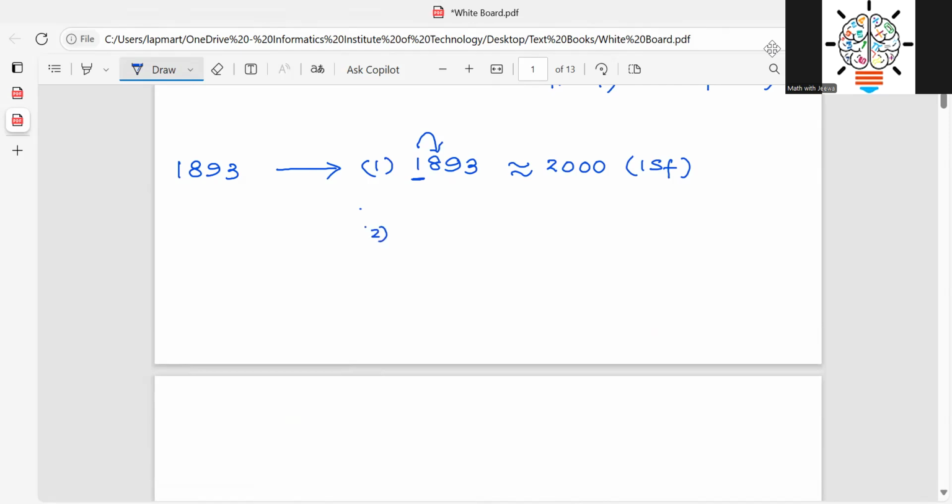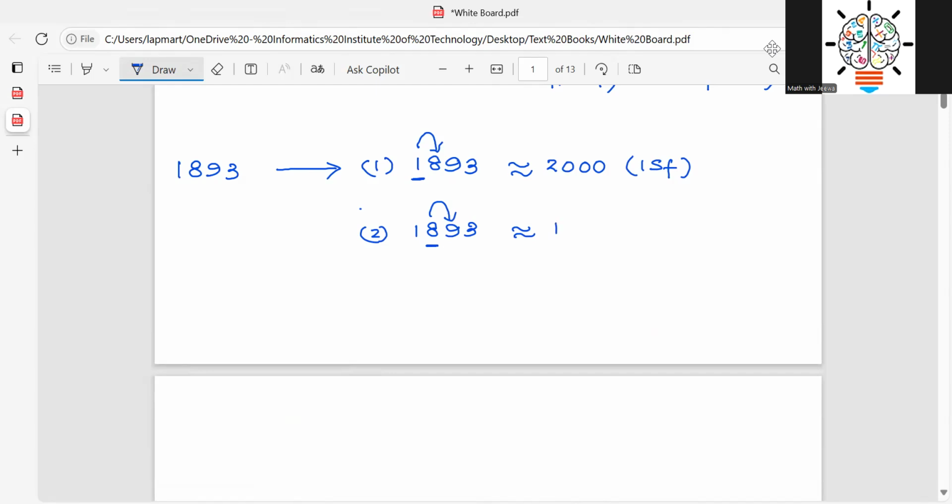In the same way, I have 1893, and this is the second significant figure. You look at the next number, and here it is 9. You want to add 1 to the underlined number.